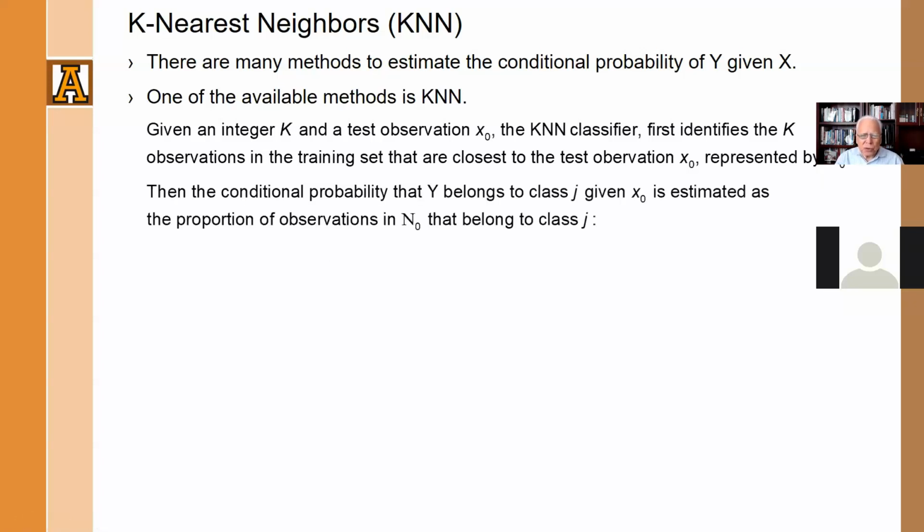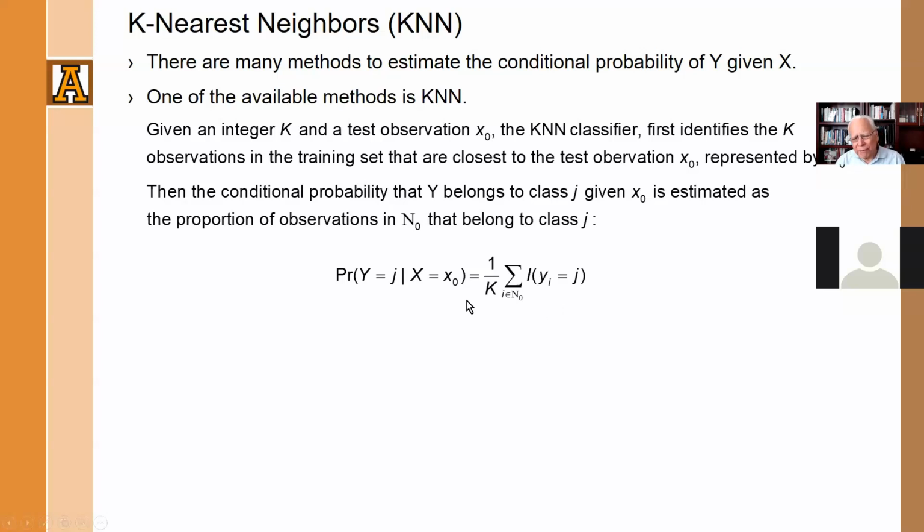So the conditional probability that y belongs to class J, given x null, is estimated as the proportion of observations, which I'm calling here n null, that belong to class J in this small neighborhood around the new observation. We write it this way: the probability that y belongs to class J, given that x equals x null, is 1 over k, where k is the total number of observations in that neighborhood.